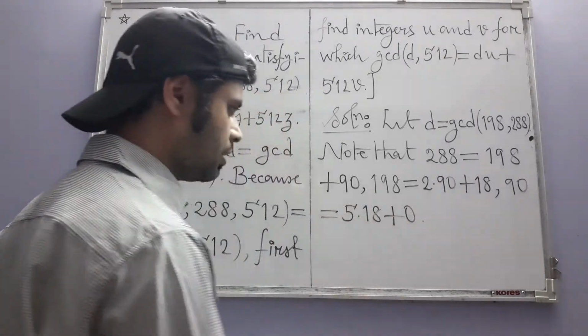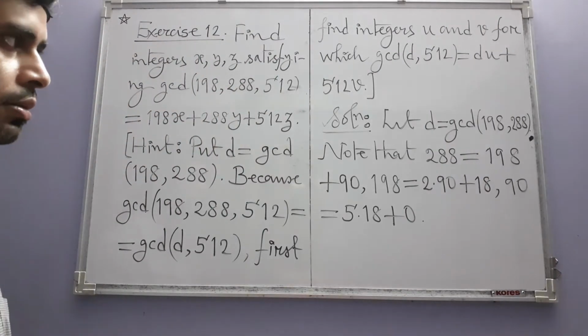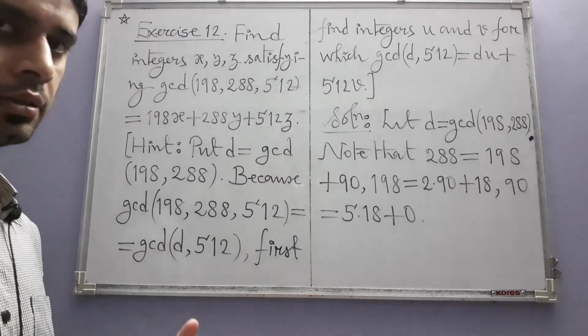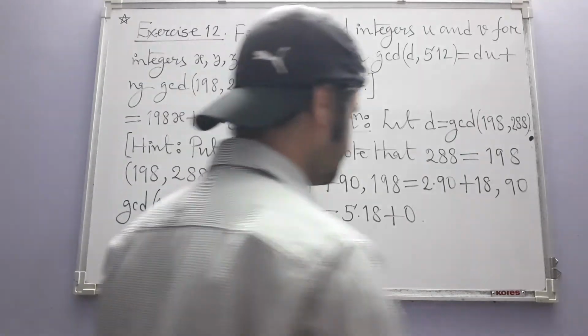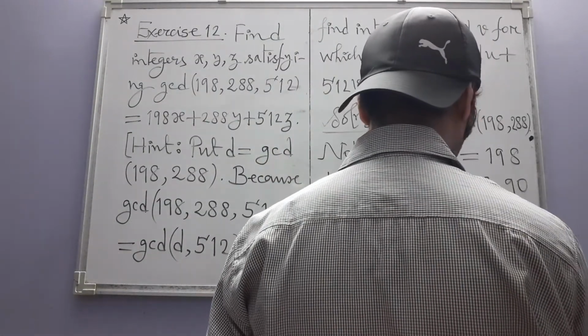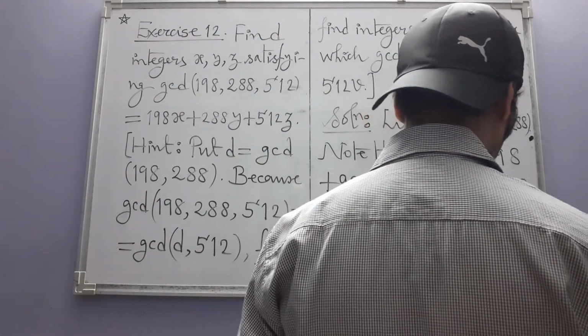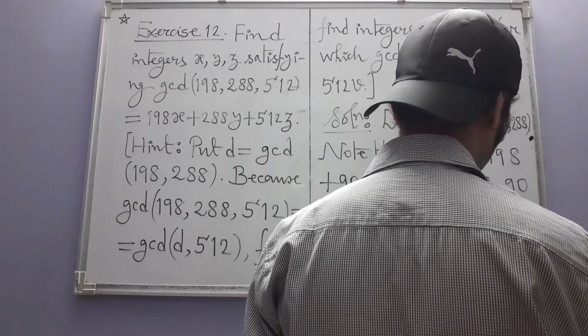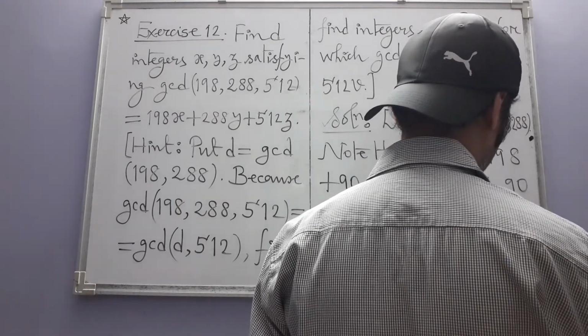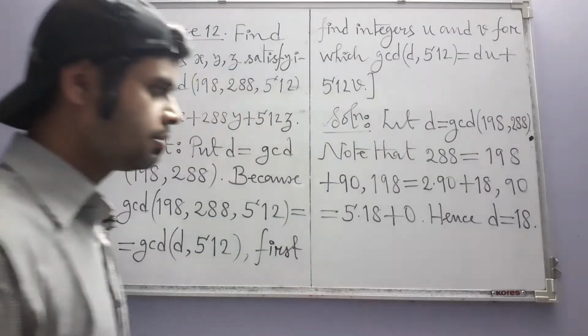So here you get 0 remainder. That means D is 18 by the Euclidean algorithm, which we do not mention because we know D is 18.